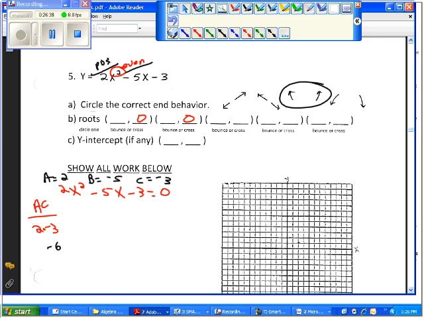Now, when I teach this, I try to make sure we are focusing on sign rules so we don't make any mistakes. The next step says, find all the factors of the AC answer. We want the factors of negative 6. So we would think 1 times 6 and 2 times 3.